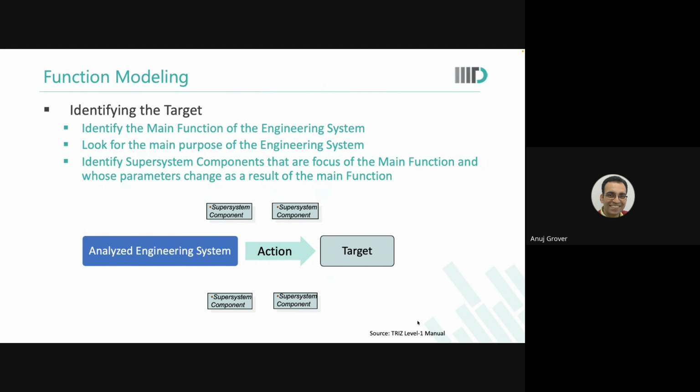It's a problem of cost, it's a problem of health, it's a problem of overall resource mismanagement. So, identifying the super system components that are the focus of the main function, and whose parameters change as the result of the main function, will help you identify the target. Is that okay?